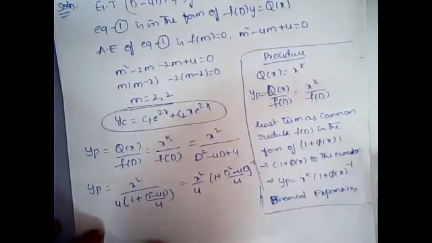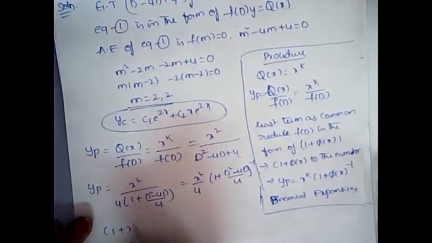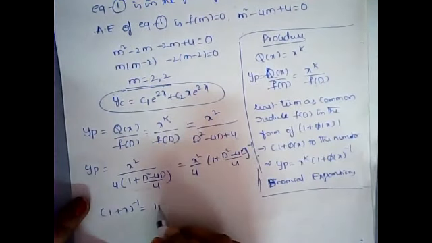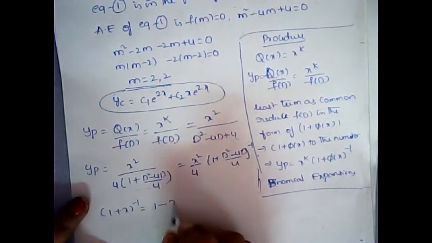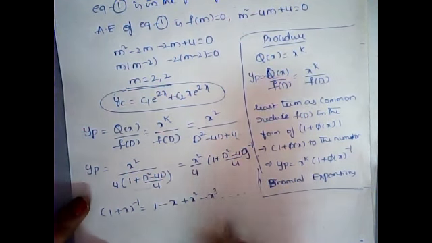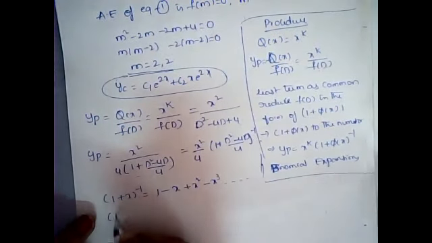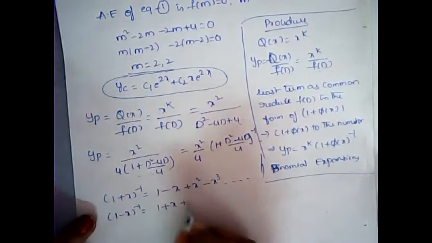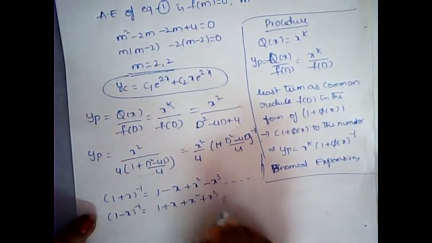Now this is in the form of (1 plus x) whole inverse. Now apply the binomial expansion. What is the expansion of (1 plus x) whole inverse? It will be 1 minus x plus x squared minus x cubed and so on. Suppose if it is in the form of (1 minus x) whole inverse, then the expansion will be 1 plus x plus x squared plus x cubed and so on.